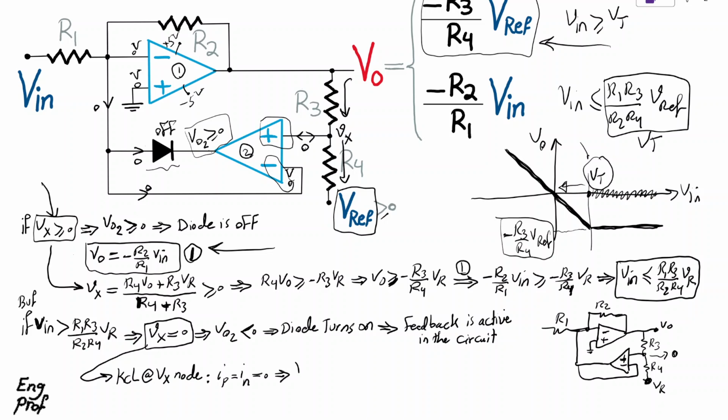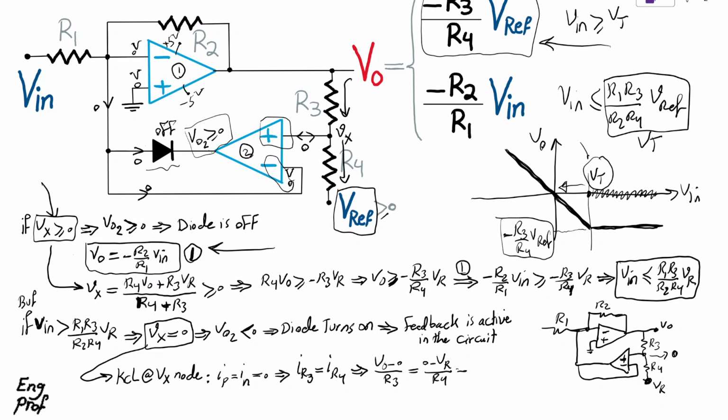So the current of R3 should be equal to the current of R4. Substituting for these currents, for R3 the voltage drop is Vout minus 0 over R3, and for IR4 it's the voltage drop across R4, which is 0 minus Vref, divided by R4.